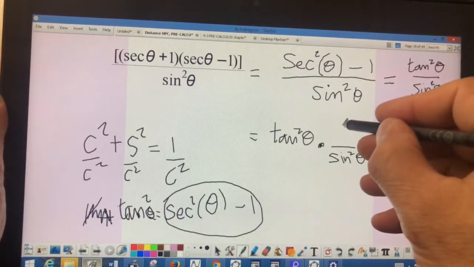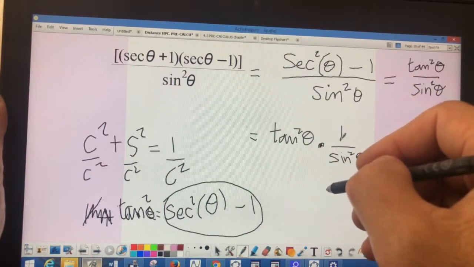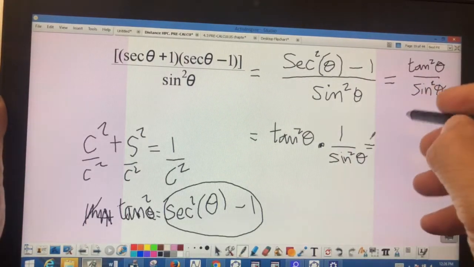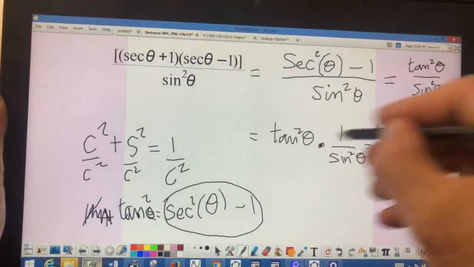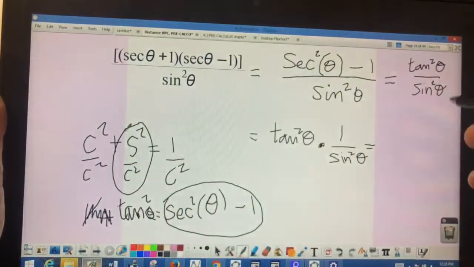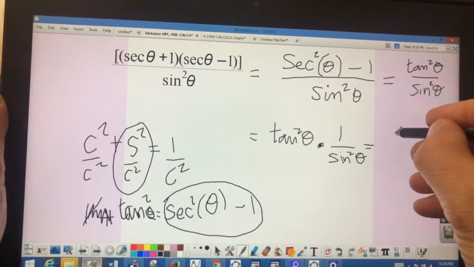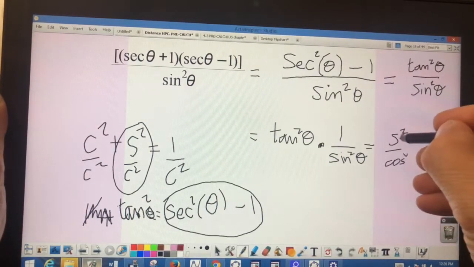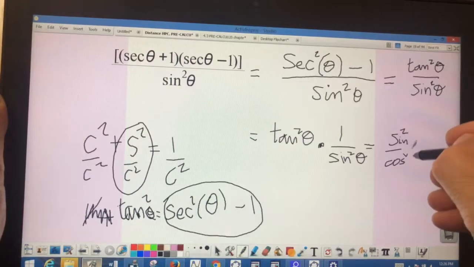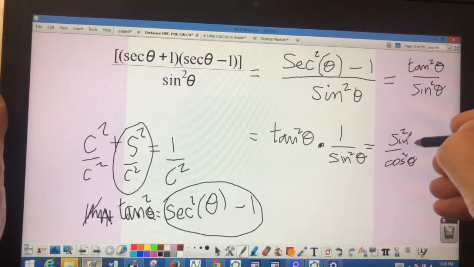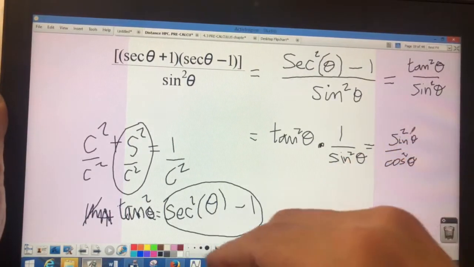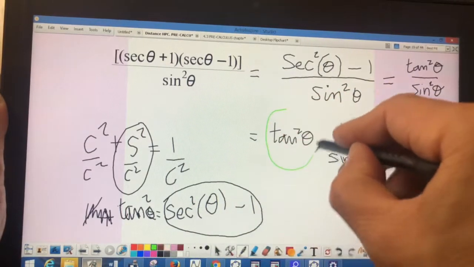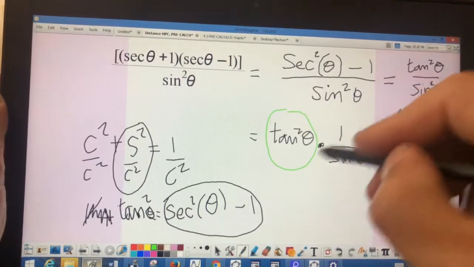So now that would be 1 on top. Okay. Now tangent means sine over cosine. So I'm going to come back. That's how I got my tangent in the first place. So sine square over cosine square of the theta. So that's your tangent, okay? Let me take a different color and highlight it for you. So that's that tangent.